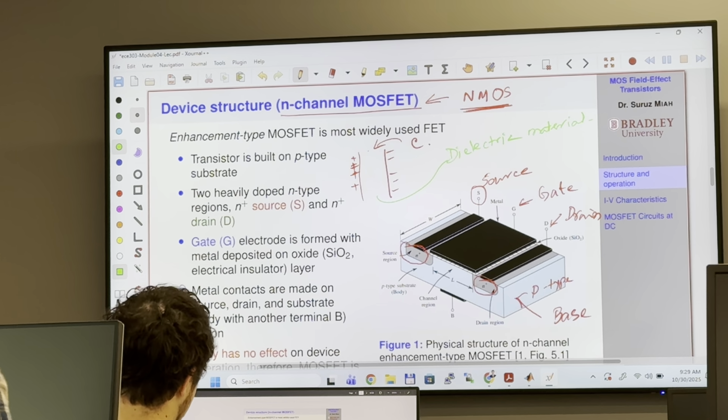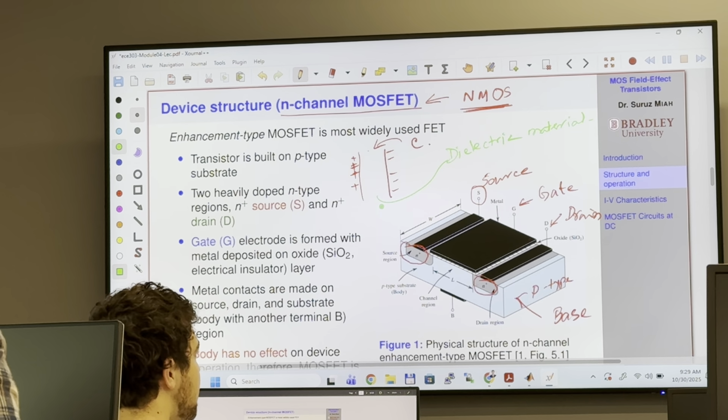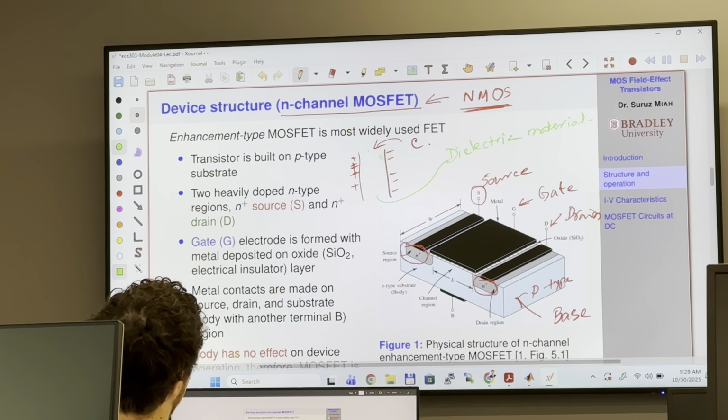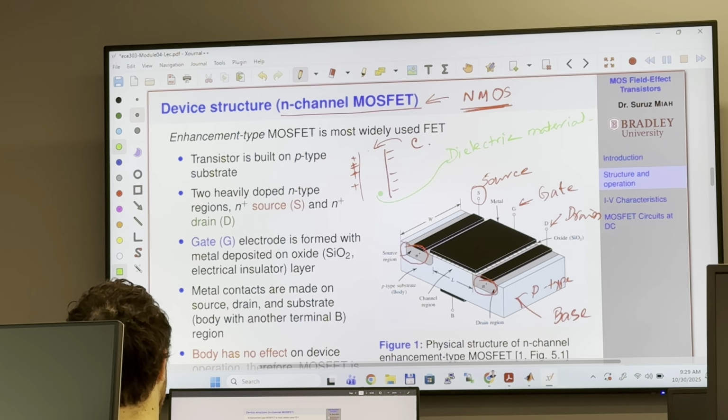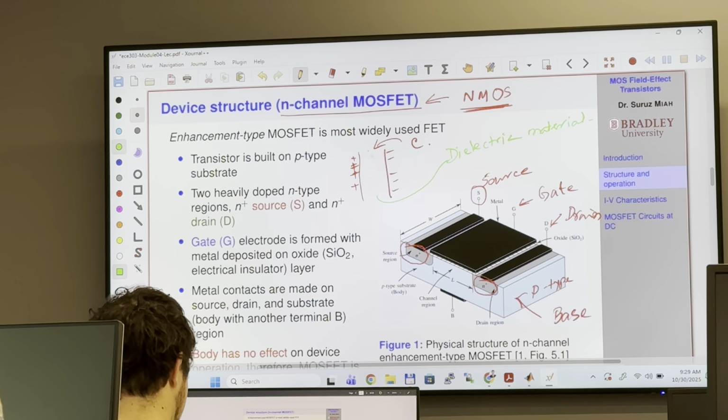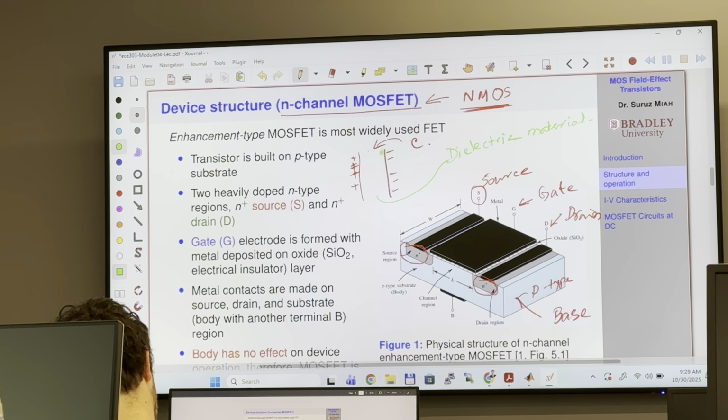If you put some dielectric material, these two plates can be used to store energy, and a capacitor is an energy storage device, right? Because if you have charge on both plates, there is a voltage across this capacitor.